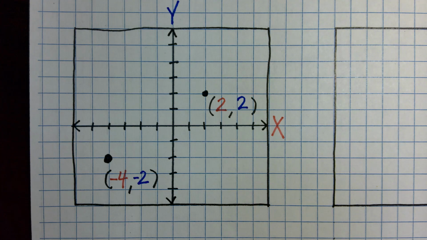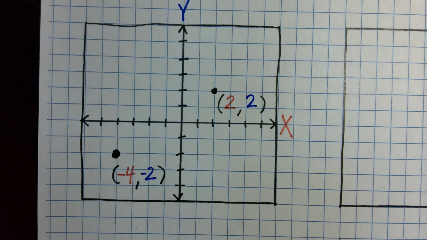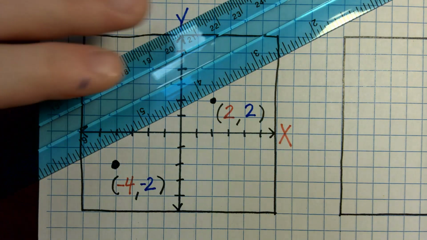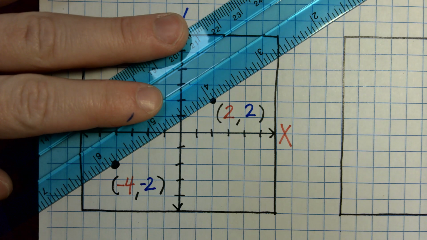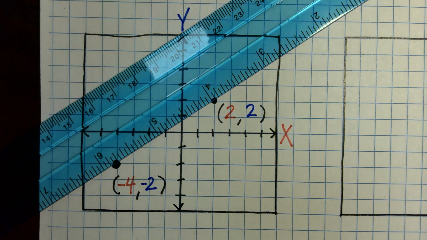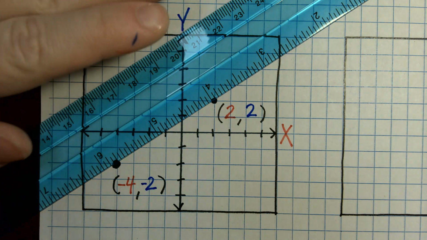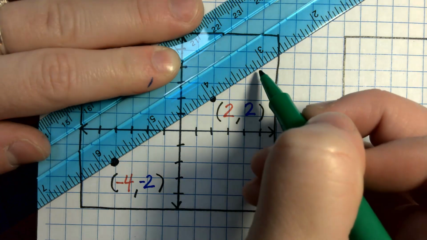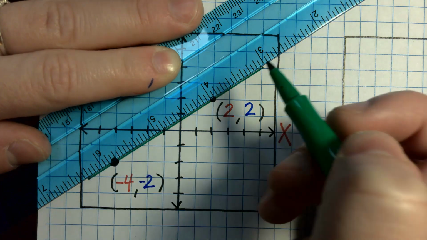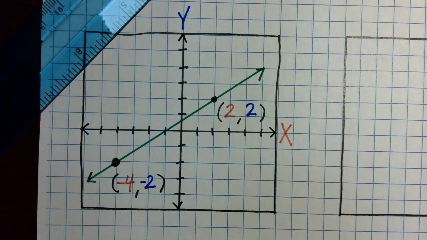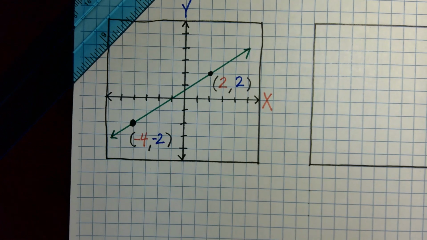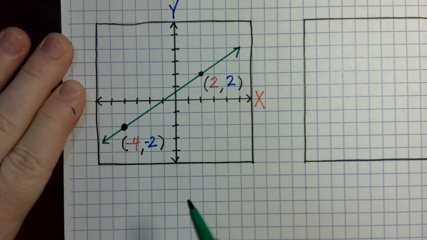Okay, good deal. Let's go ahead and draw a line now. So make sure it's lined up really nicely. Make it as exact as you can. Okay, and your line should look something like this. So now that we've got our line, let's do what we were doing before.